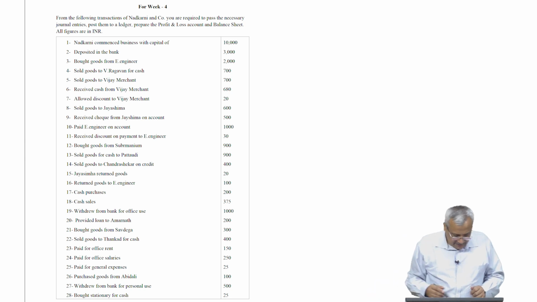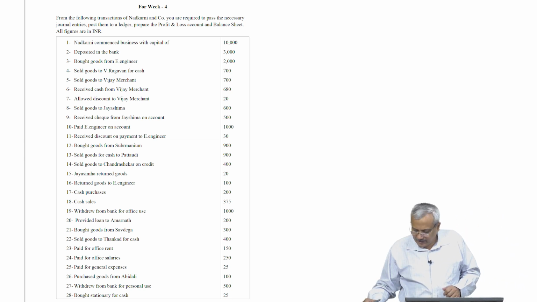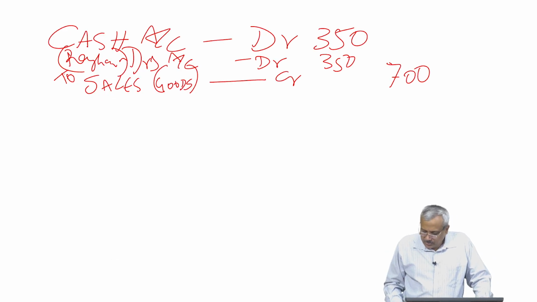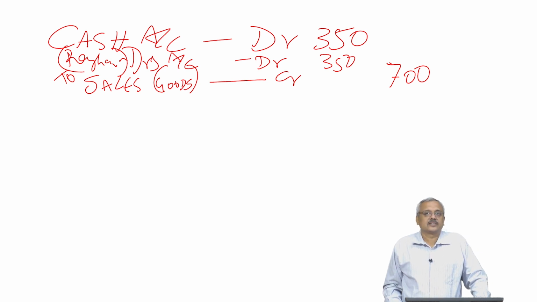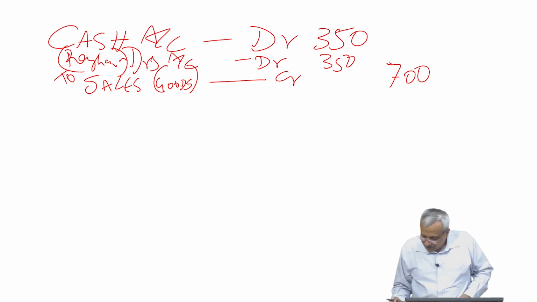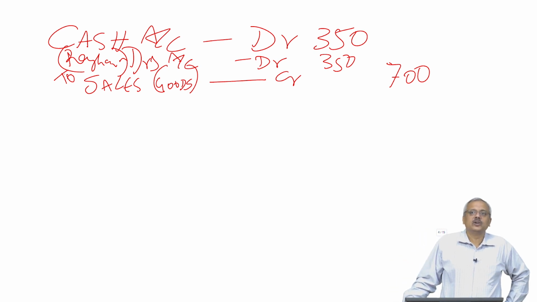If you go back and read this, and go to your statement, it says: sold goods to Vijay merchant rupees 700. There is another transaction. Sold goods to Vijay merchant rupees 700.